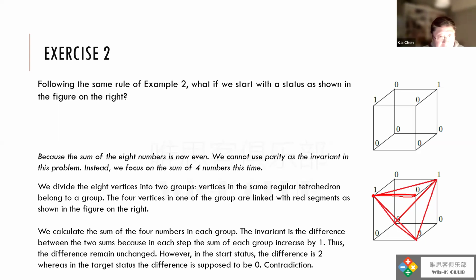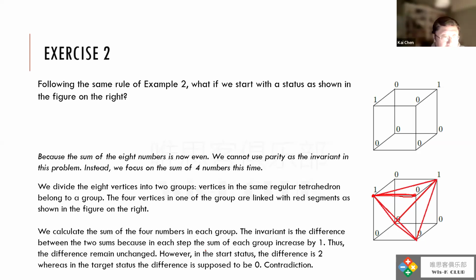That means the difference of the sums of the 4 vertices of each tetrahedron is an invariance and will not change. I don't care which edge you choose, but you add 1 to this tetrahedron and another 1 to the other tetrahedron, so the difference will be a constant.